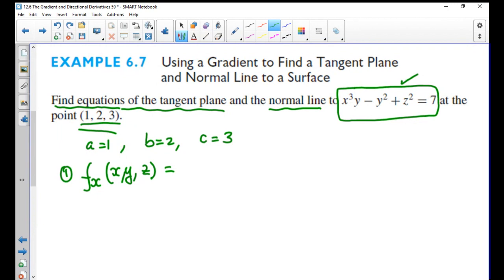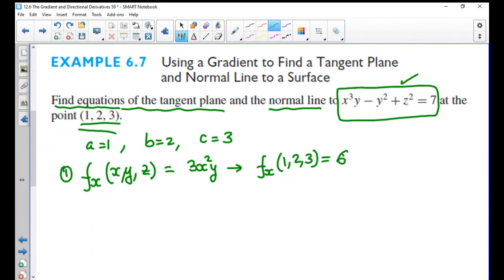So what will it be? 3x squared y, and that's it. So fx at 1, 2, 3 will be what is it?